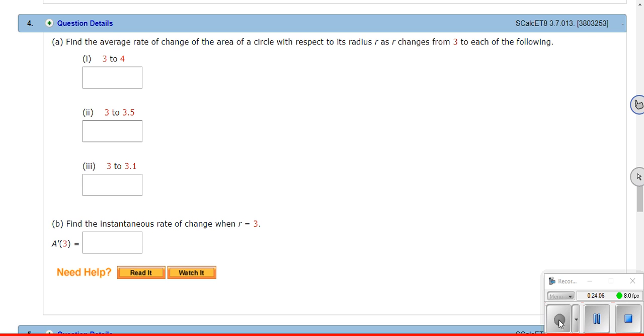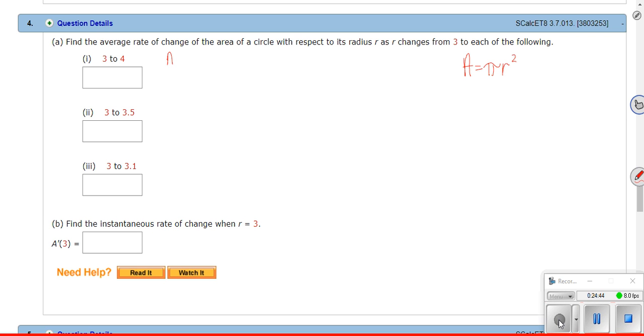Find the average rate of change of the area of a circle with respect to its radius r as r changes from 3 to each of the following. First of all, area of a circle, we know, is pi r squared. Now remember, average rate of change with respect to its radius just means slope. Anytime anybody says rate of change, it's slope. So we're going to compare the difference in areas divided by the difference in radiuses on bottom.